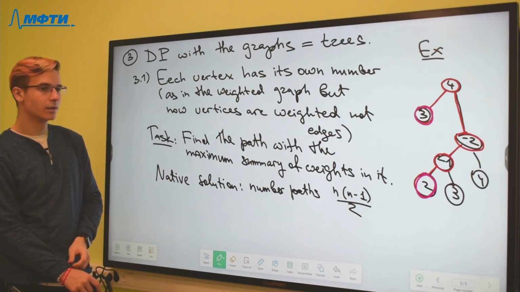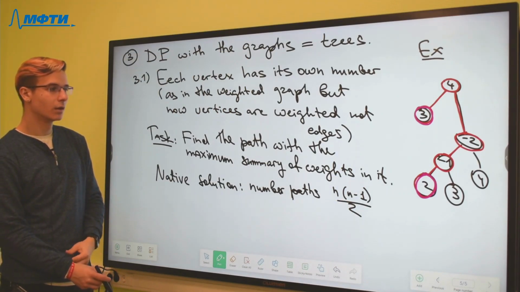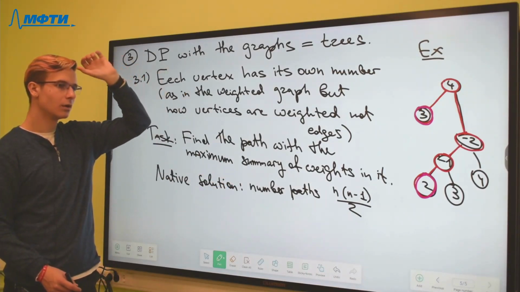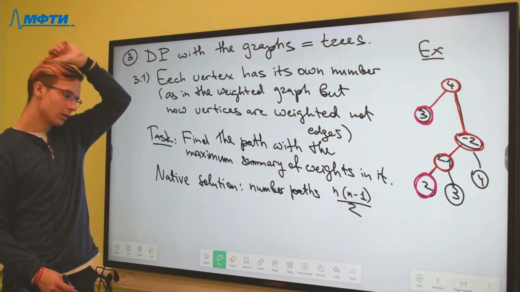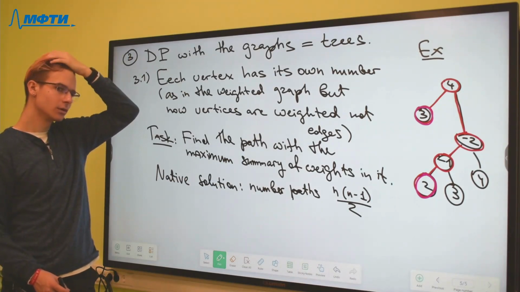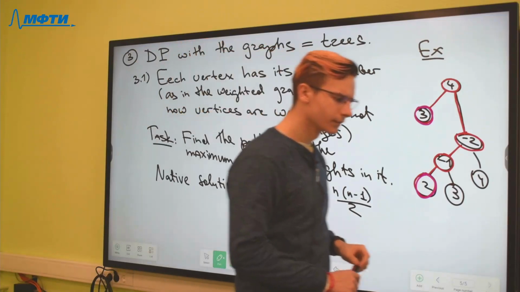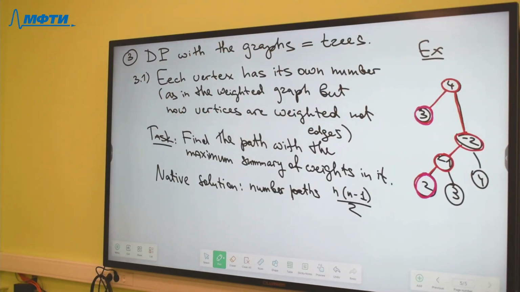Sorry, once again, I didn't understand the reason that it's n times (n minus 1) over 2. The reason for that formula. I didn't understand why the number of paths is n times (n minus 1) over 2.